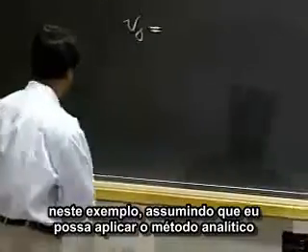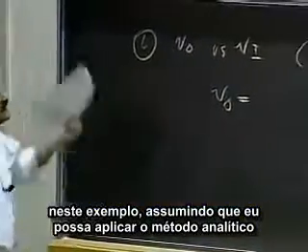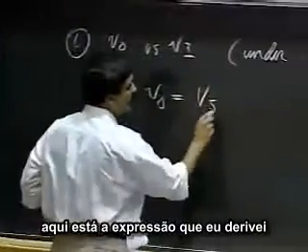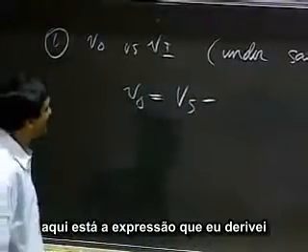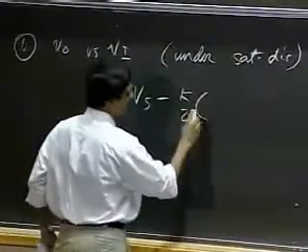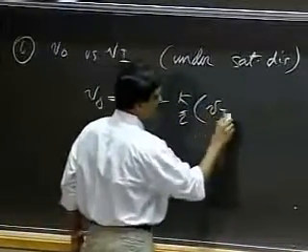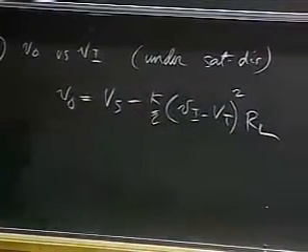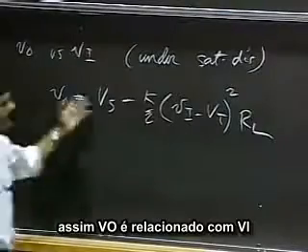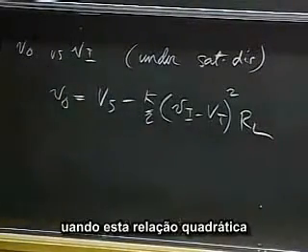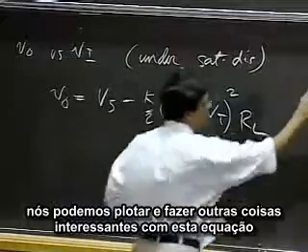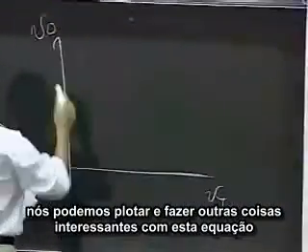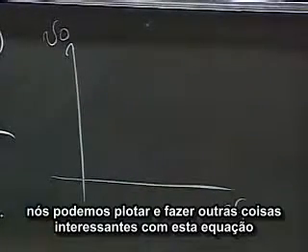Okay, so in this example, assuming I can apply the analytical method, here was the expression that I had derived for you in the last lecture. V0 was related to VI using the square law relationship, and we can plot and do other fun stuff with this equation.